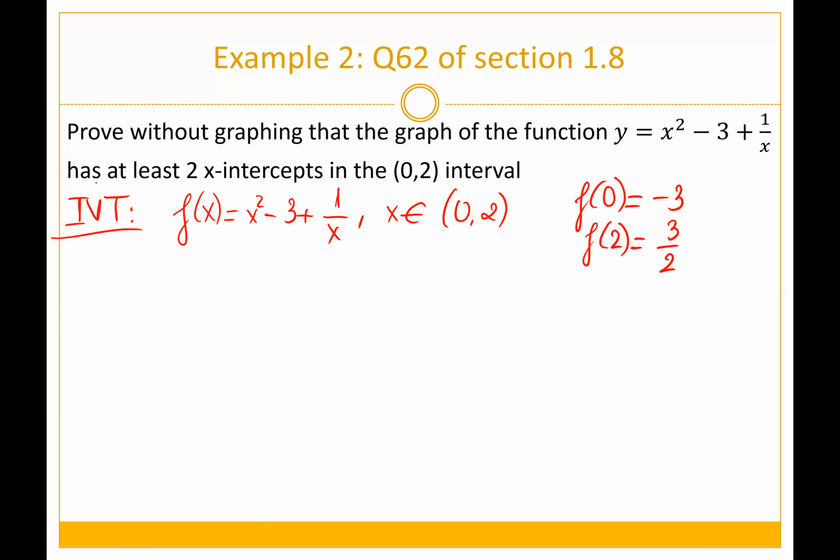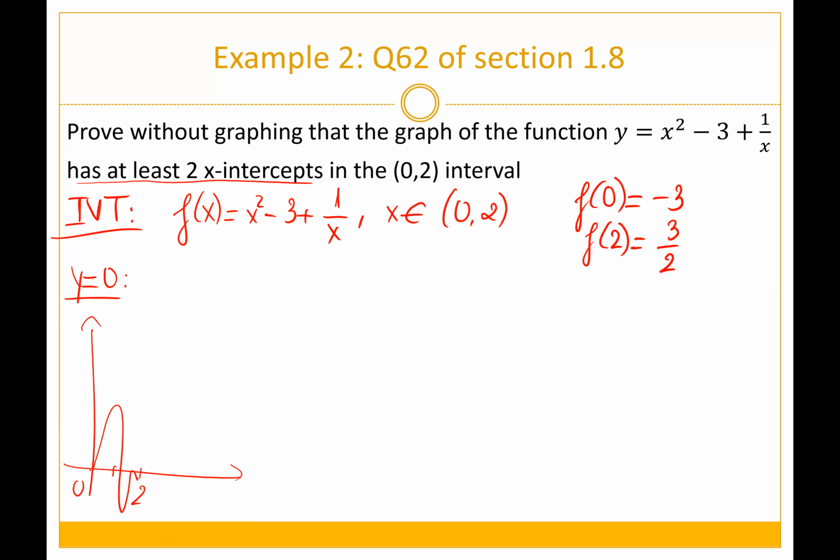They ask us to prove that the function has at least two x-intercepts. When your function crosses the x-axis, the y will equal 0. So your n here is going to be 0, and it's basically asking you to prove that the line y equals 0 crosses your function on the interval from x equals 0 to x equals 2.